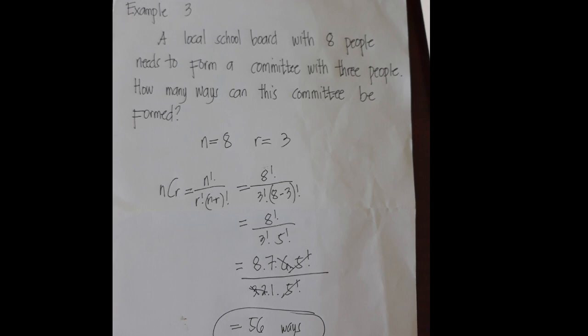So, 8 factorial is 8 times 7 times 6 times 5 factorial over 3 times 2 times 1 times 5 factorial. So, eliminate the 5 factorial, and 3 times 2 is 6. So, eliminate the 6. What is left is 8 times 7, which equals 56. So, there are 56 ways.